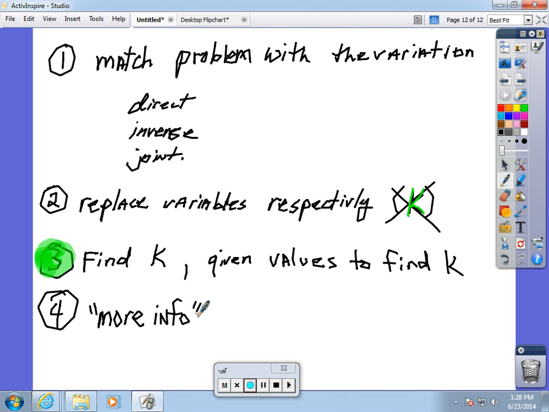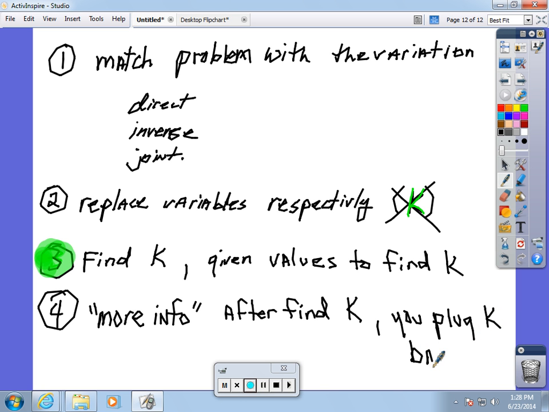More info means that after you find K, you plug K back in and plug your new information in and find the new result.